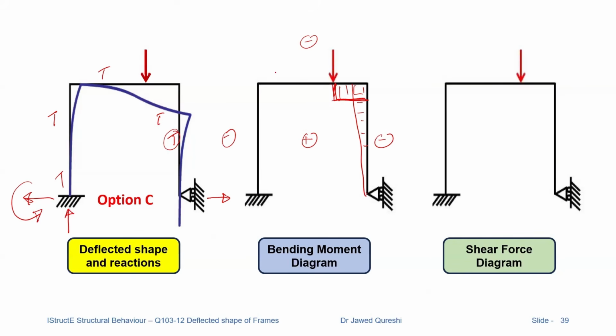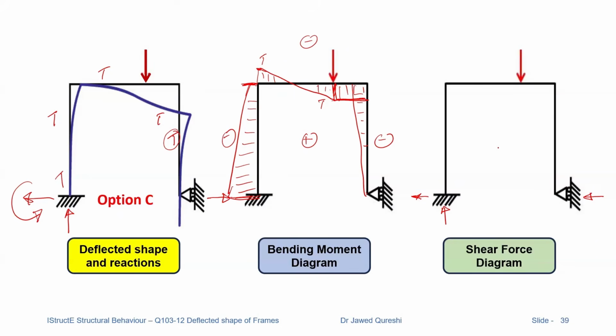And between point load and this point, a double curvature is happening. This is trying to bring it down and this is going up. And at the end, we have single curvature, and then the direction of moment is in the same direction. The reaction moment is in the same direction as upwards. So this is how we draw the bending moment diagram.